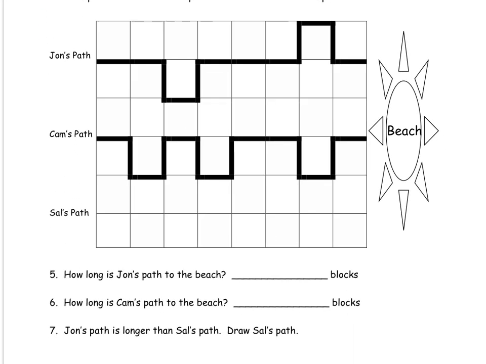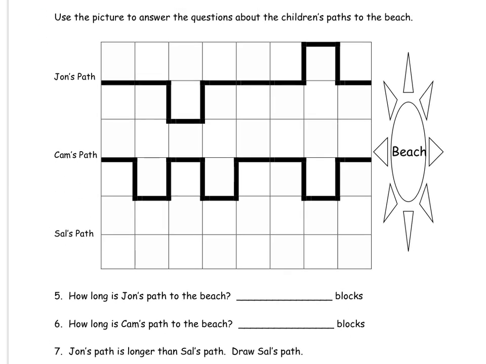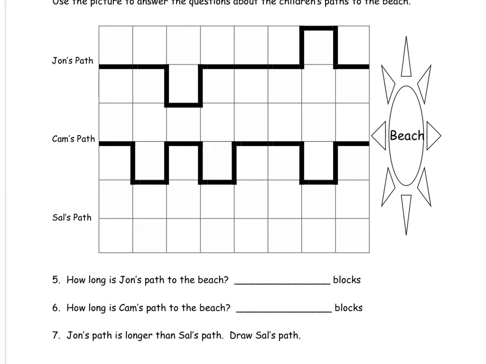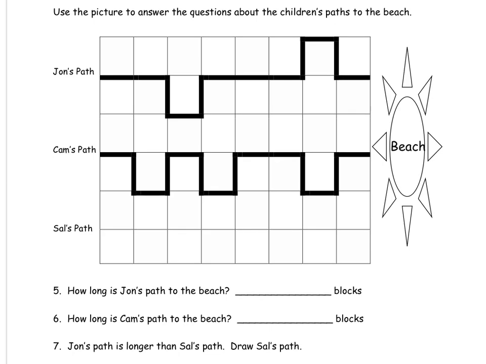So down below here, we got some questions on this picture. So use the picture to answer the questions about the children's path to the beach. And I see the first 2 are measurement ones. So 5 says, how long is John's path to the beach? And it's in blocks, meaning this is 1 block.